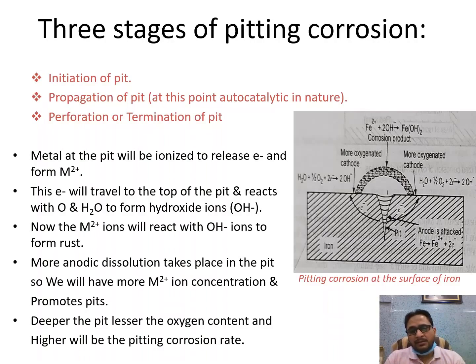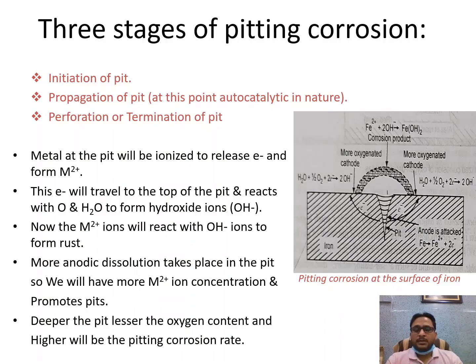because the metal present at the bottom of the pit, deep inside the metal body, due to oxygen unavailability, becomes anodic and starts releasing electrons. As you can see in the first bullet point, I have shown that the metal releases electrons, forming a positive ion. Then these electrons travel through the metal, because electrons travel through metal while ions travel through solution.